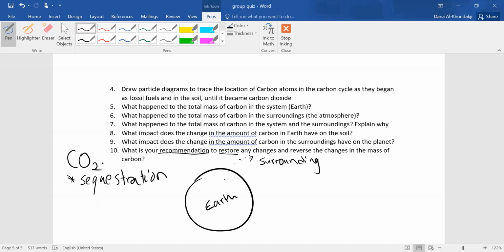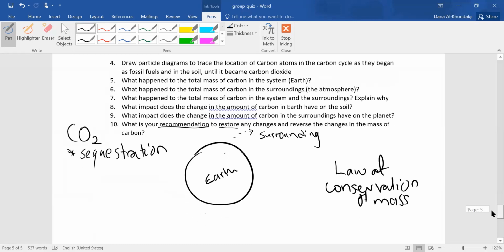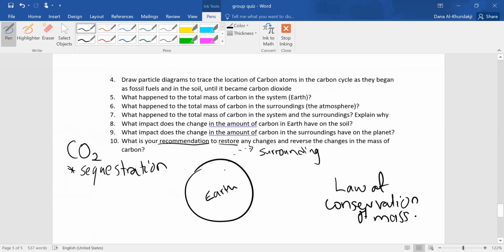So I just want you to tell me, according to the law of conservation of mass, what is happening to the carbon and where is it going now? So it's important to also refer to the law of conservation of mass. Now in your groups, you're going to work on this and submit your answers so we can see what you have in mind.